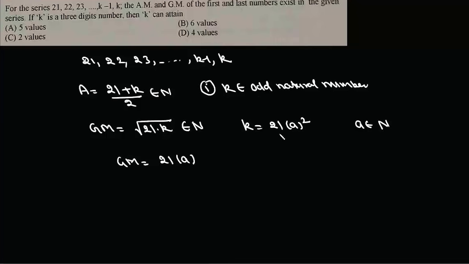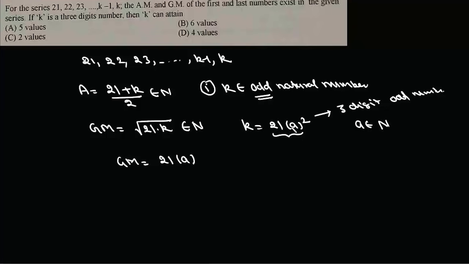So this k, which is 21 into a square, must be an odd number, and it is given that it's a 3-digit number. So it's a 3-digit odd number.